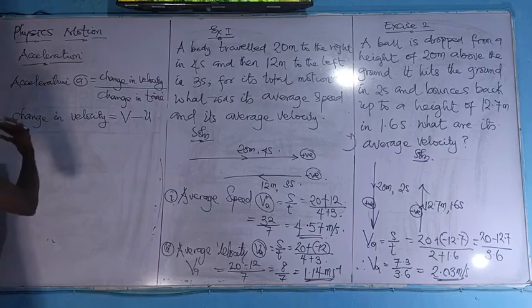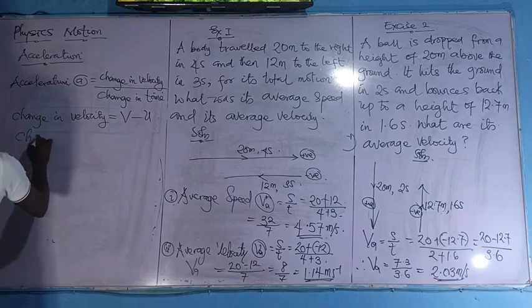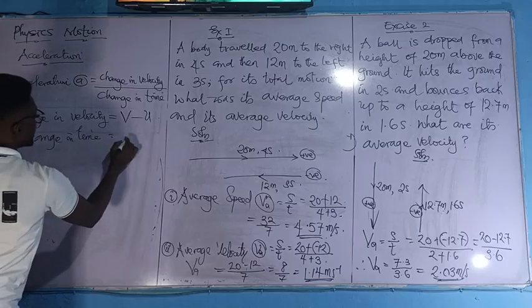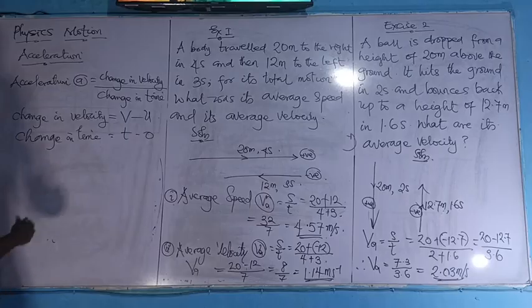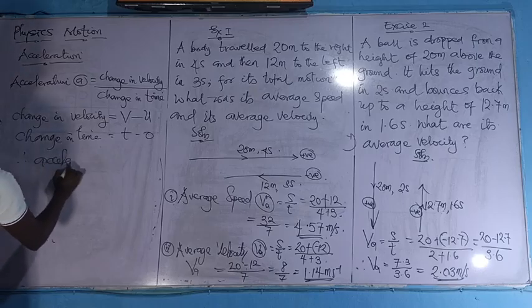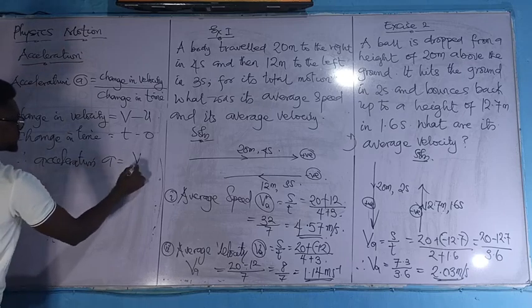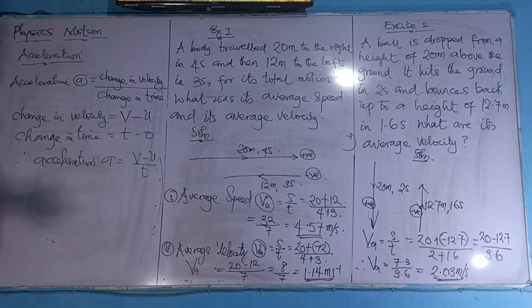Then, when the time of a body moves from 0 to t, the change in time is equal to t minus 0, and t minus 0 will give you t. Therefore, acceleration A will be equal to V minus U over T.